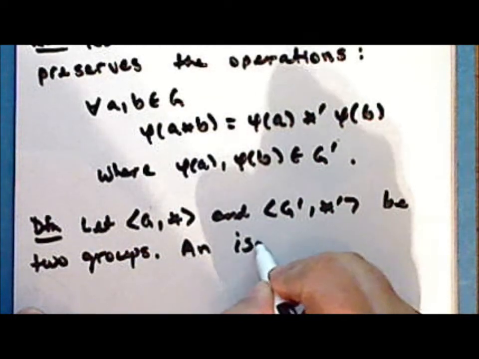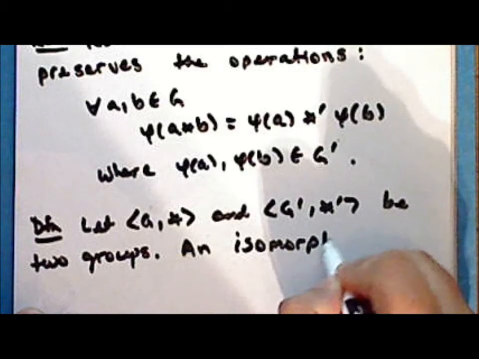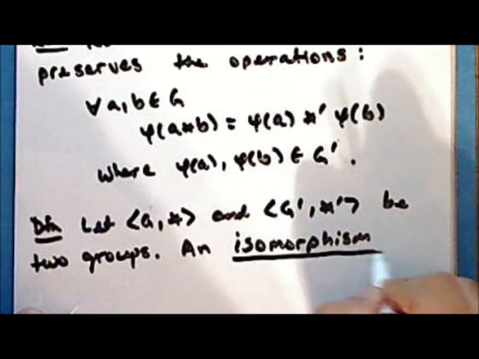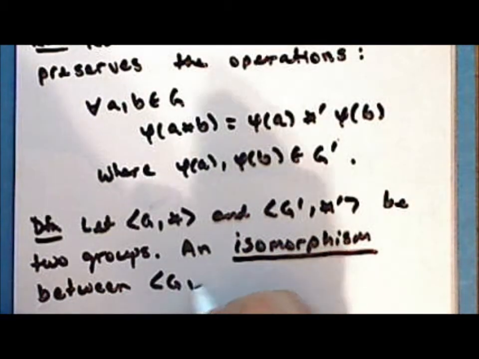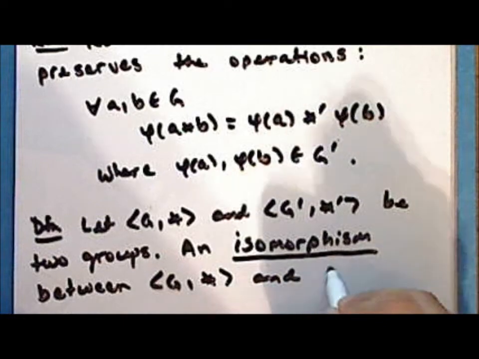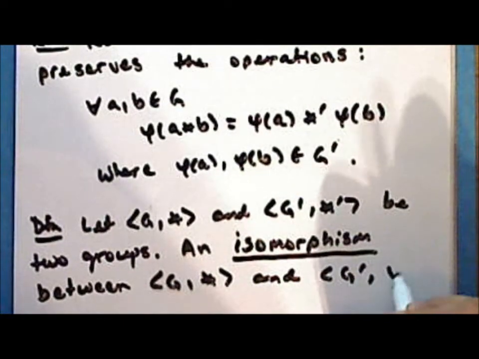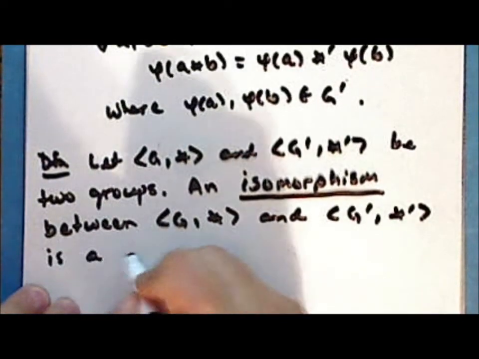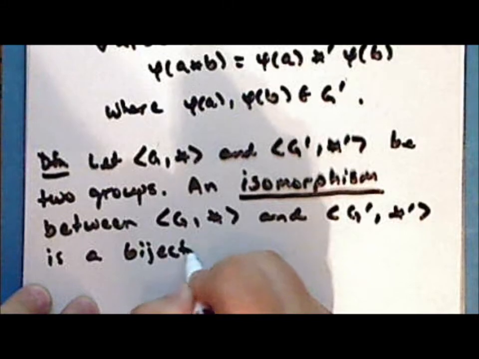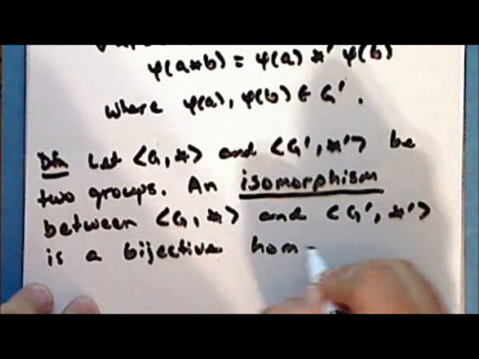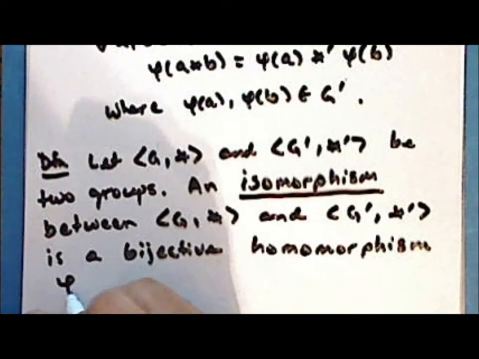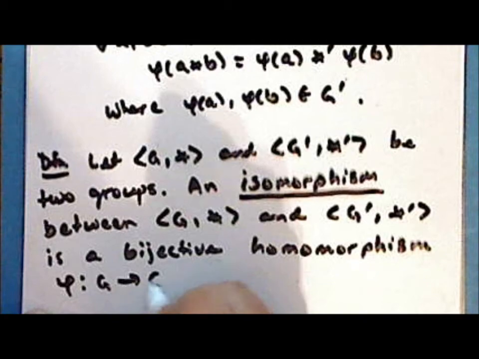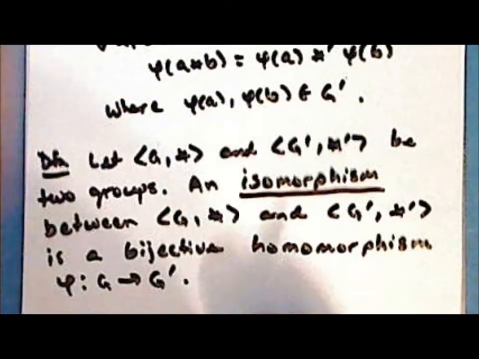An isomorphism between the group G with the operation star and G prime with the operation star prime is a bijective homomorphism, which again is a function phi mapping the group G into the group G prime.